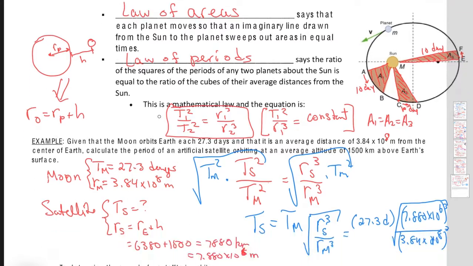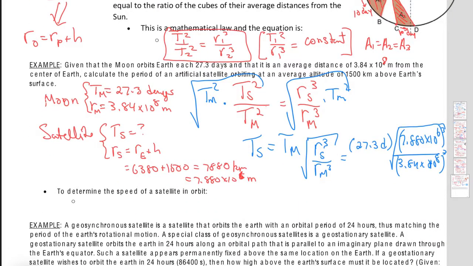You can also do a little bit of algebra here by simply cubing that ratio. So I'm going to do the square root: 27.3 times the square root of 7.8E6 cubed divided by 3.84E8 cubed.